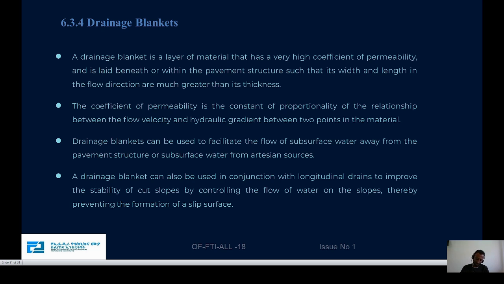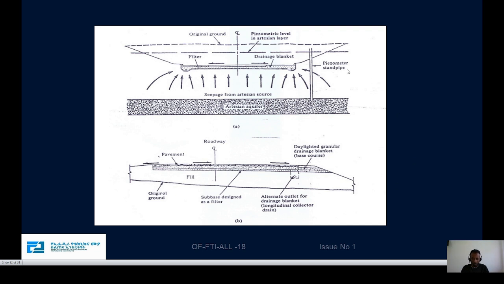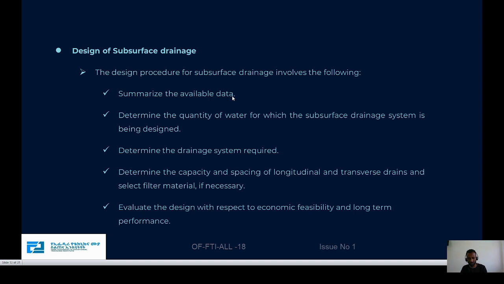The drainage blankets will be connected to the longitudinal drains, collecting the water from underlying the pavement structure to the longitudinal drain. This is the drainage blanket. The water percolates through this thickness and moves to the longitudinal drainage. In this case we will provide a longitudinal drainage.